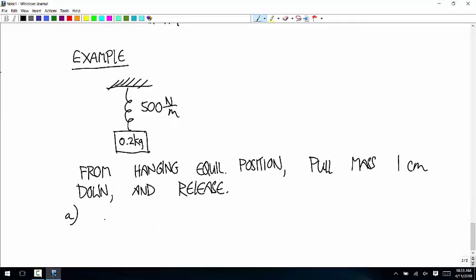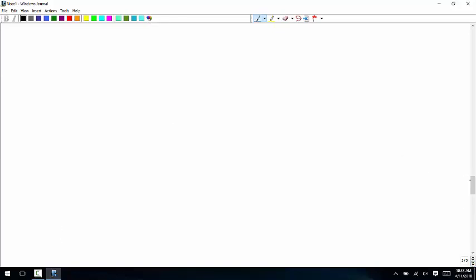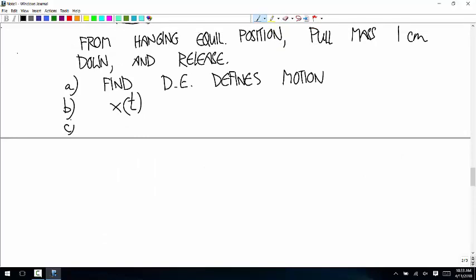And we want to find the differential equation that defines this motion. And we want to find the solution x of t. And then let's say we also want to find the frequency. That's actually probably easier than the other stuff.